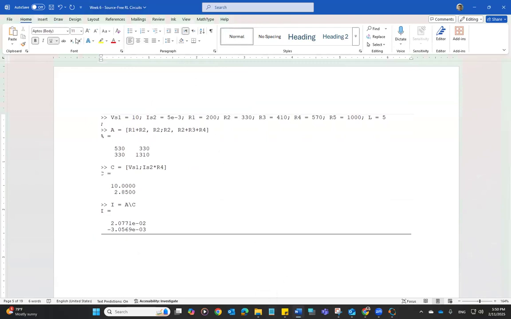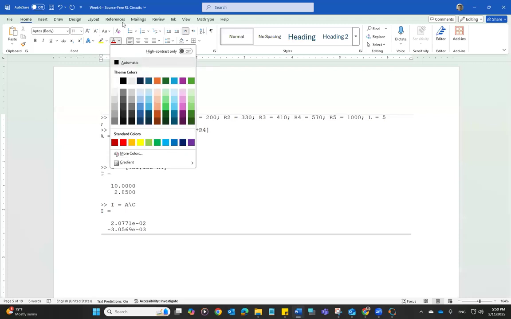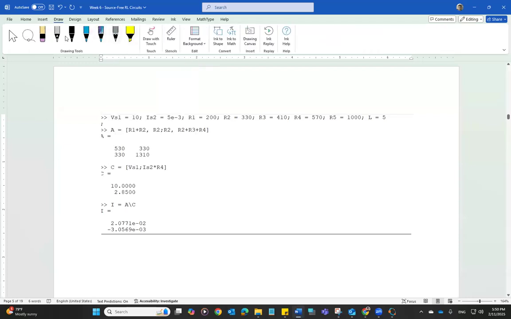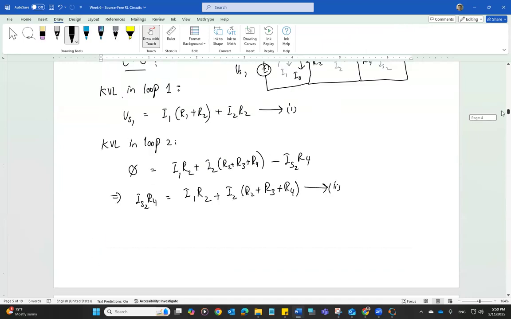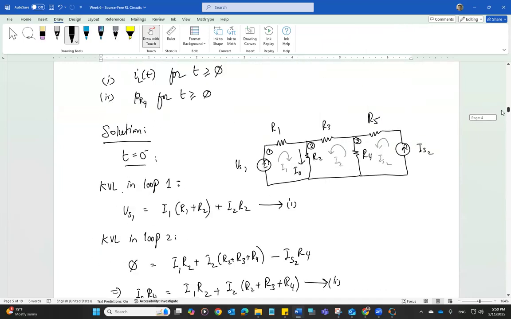So this is my I1, and this is my I2. Interestingly, I2 direction is opposite.